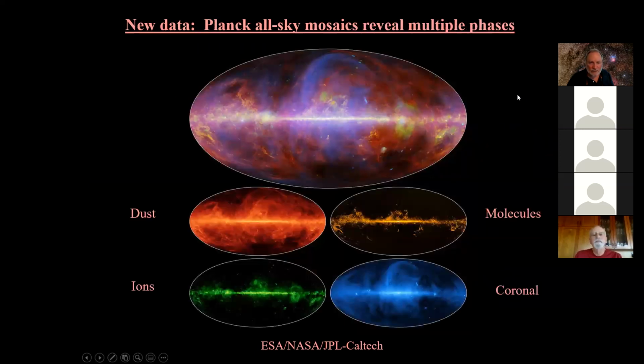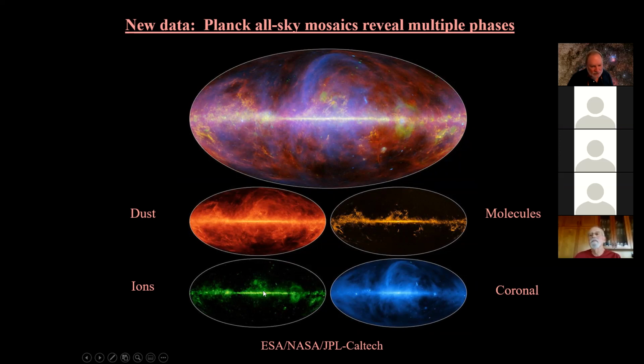They also have imaged at multiple wavelengths, and these have revealed multiple phases. The dust from those around 350 microns. The molecules, I think it's associated with the carbon monoxide molecule, CO. The ions, which is at a fairly long wavelength, low frequency, and that's why it looks a little fuzzy.